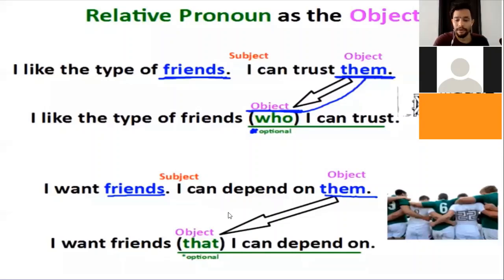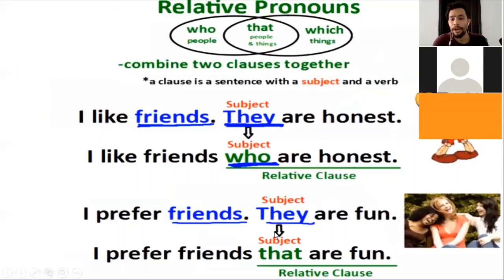Can you do that here? No, that's impossible to do here. Here it is completely obligatory to use who, to use that. Why? Because here they are subjects, and you know that in English, if we don't have a subject, then the rest of the sentence makes no sense.